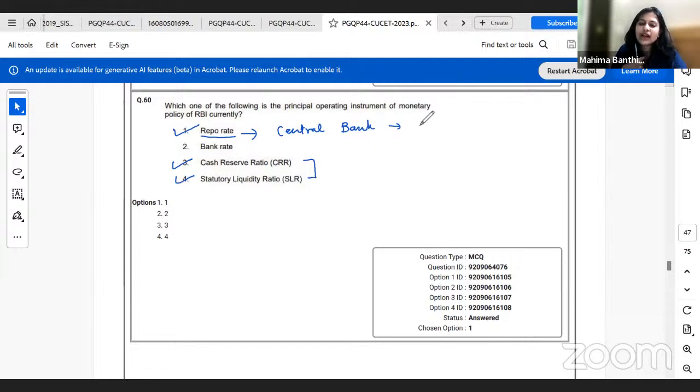It also defines the rate at which the central bank will sell this government security back to the commercial bank. Bank rate is also when the central bank lends money to the commercial bank, but without collateral. So obviously the bank rate is higher than the repo rate. So typically it's the repo rate with which the central banks work.